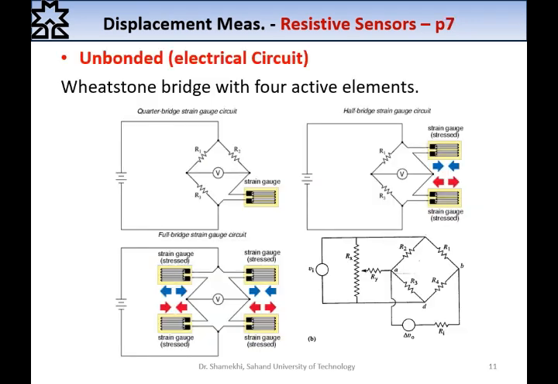In this slide, I emphasize the effect of the number of strain gauges. As you can see, if we use only one strain gauge, as we place it in a bridge, we will achieve a low sensitivity in our sensor, because the output voltage of this bridge is important for us.